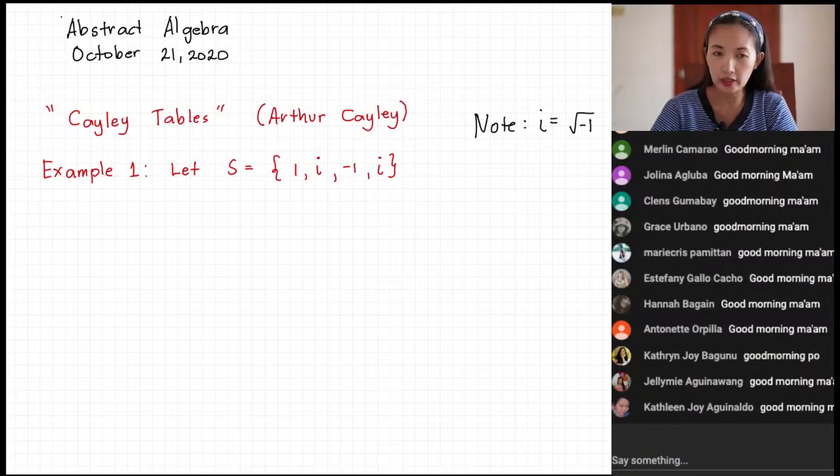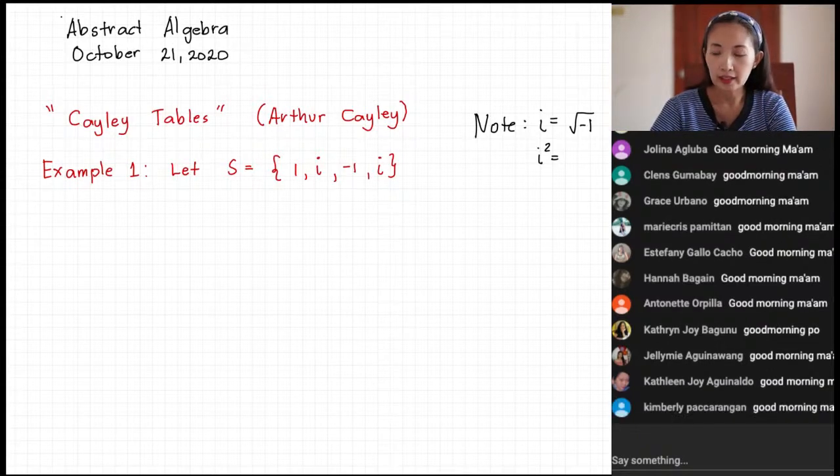Which means that i squared is equal to, i is referring to the complex number i. When you square this, it will be negative 1. So, i here is your complex number, i plus 0, or simply i.